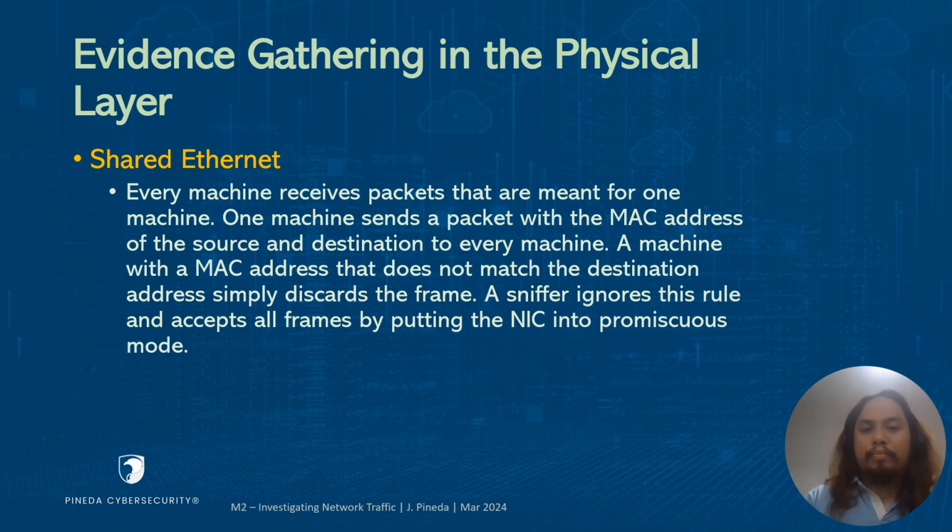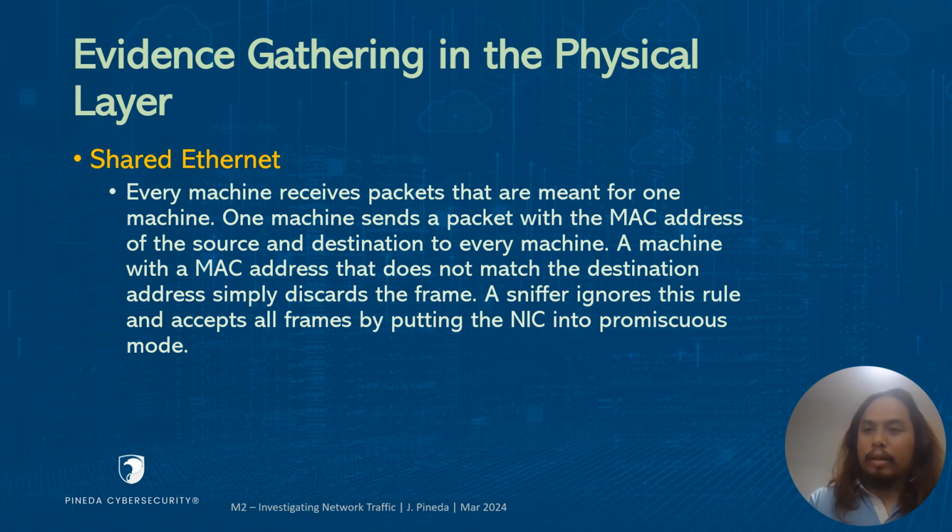So if you set it to promiscuous mode, then the machine will be able to receive all the packets, because by default, if the MAC address does not match the destination address, it will be discarded. But if you turn the promiscuous mode on, then it will be able to log all the traffic. And that's the meaning of promiscuous mode here.